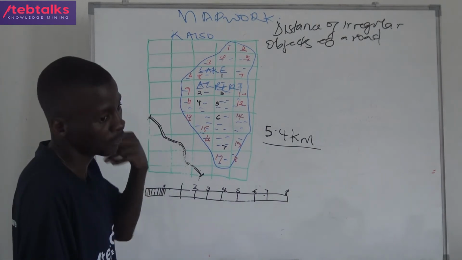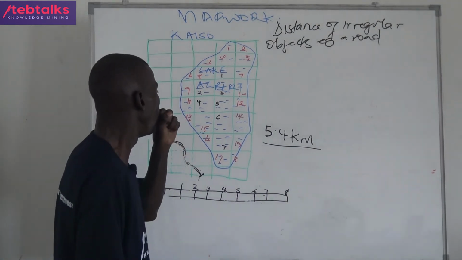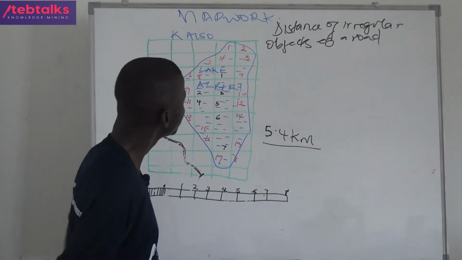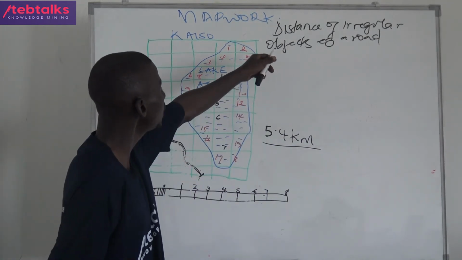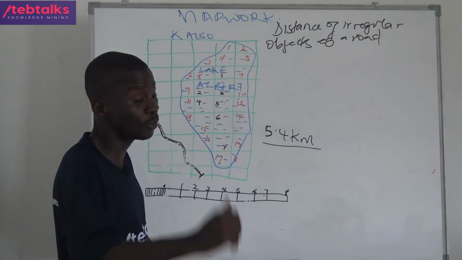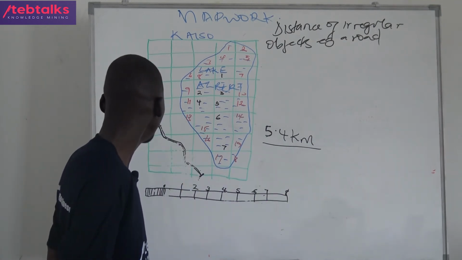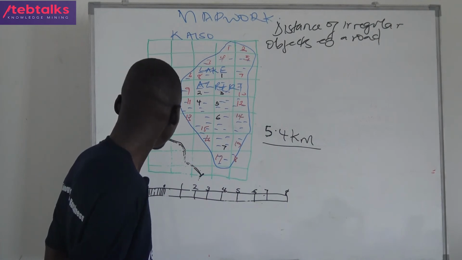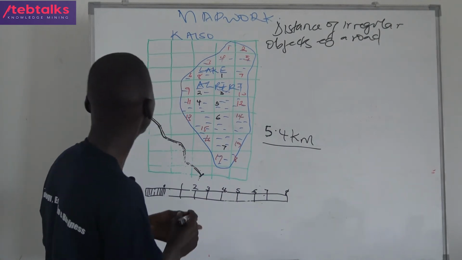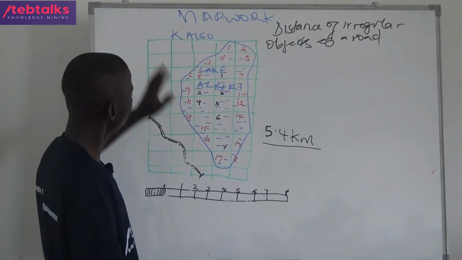So 2 things that we have covered so far: knowing distance and also knowing how to tell area of irregular objects.